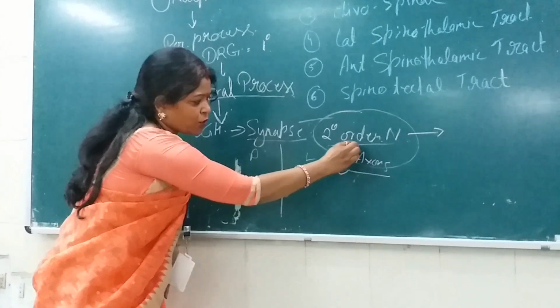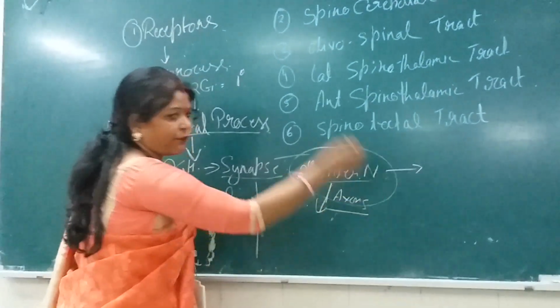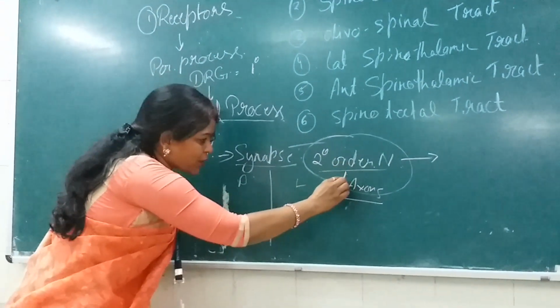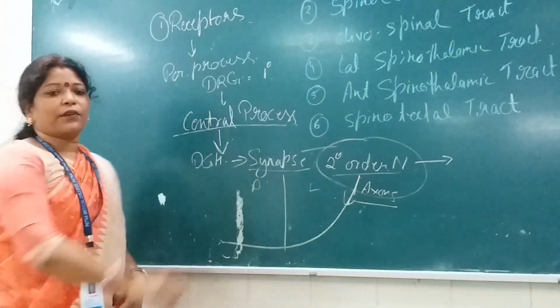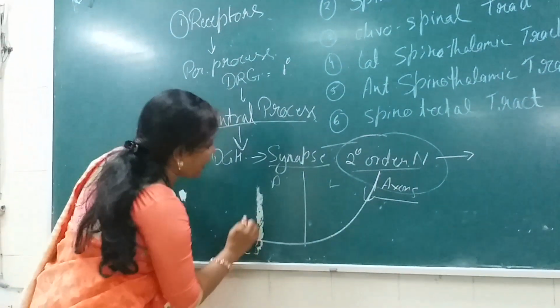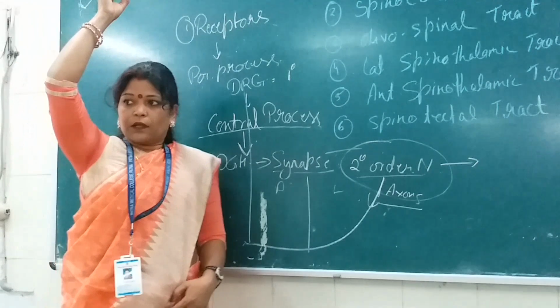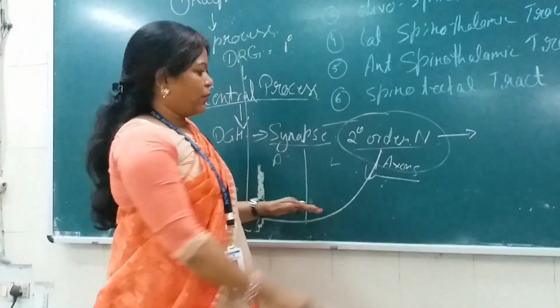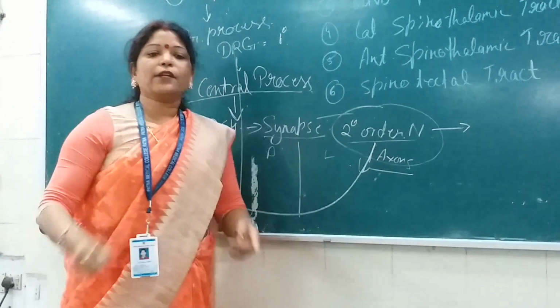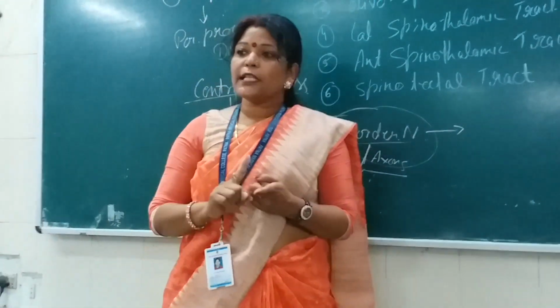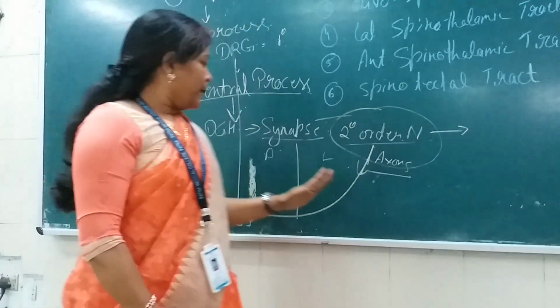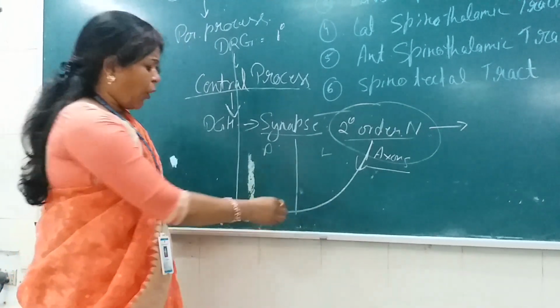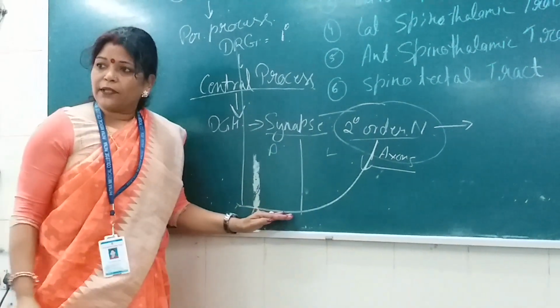The axons which emerge from this left half of the spinal cord have to pass to the contralateral side, and then ascend upwards. Okay, but this crossing of the axons of the second order neuron is also not necessary in each and every tract; they will not all pass contralaterally inside the spinal cord.